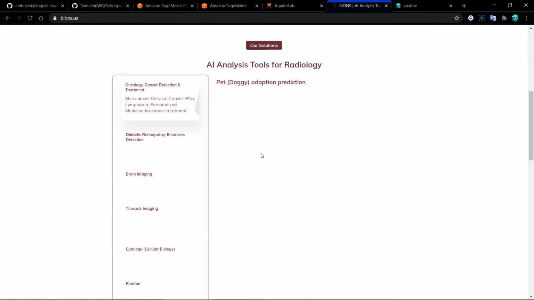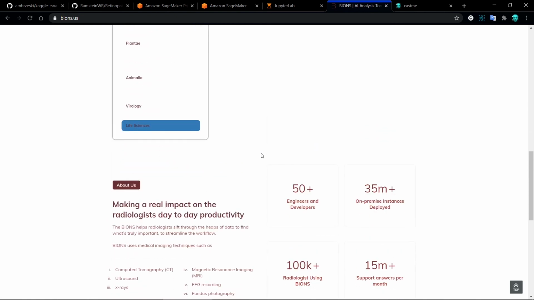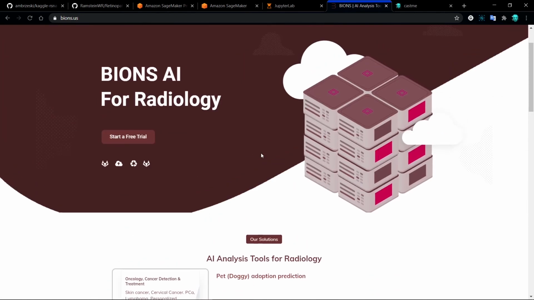Okay, so we have around 31 solutions as of this time, and we have started developing them. 31 solutions from all these classes.